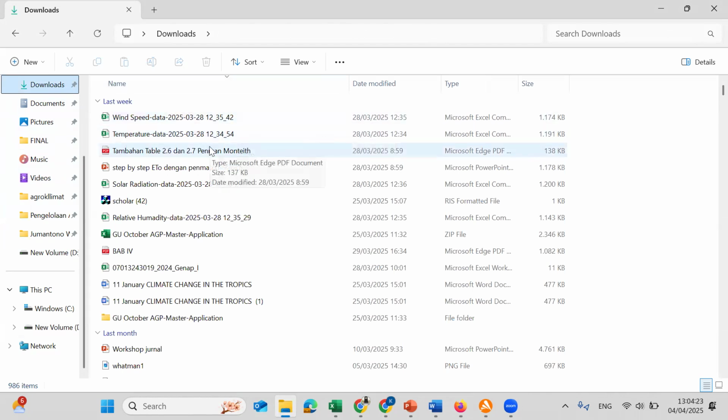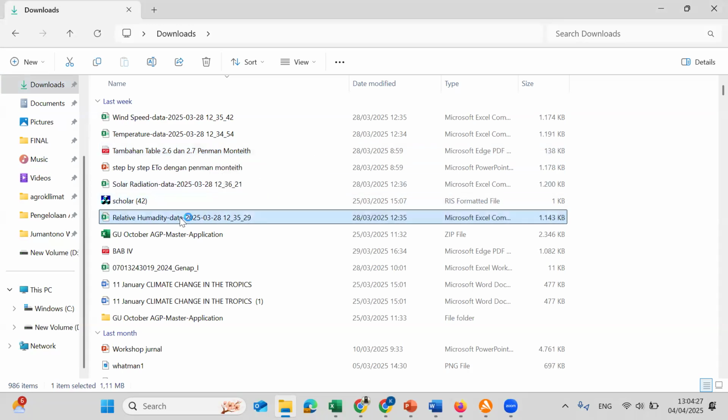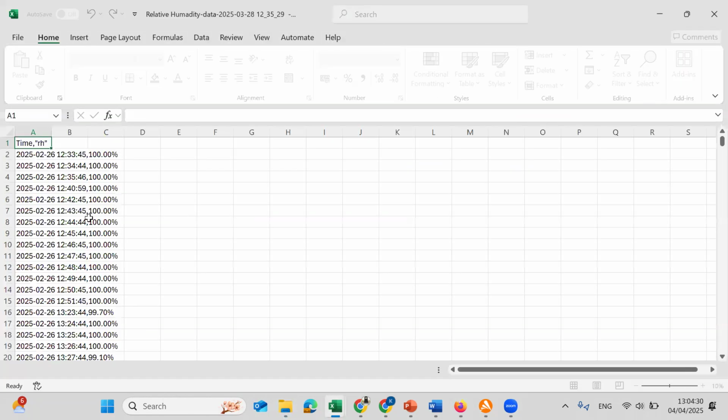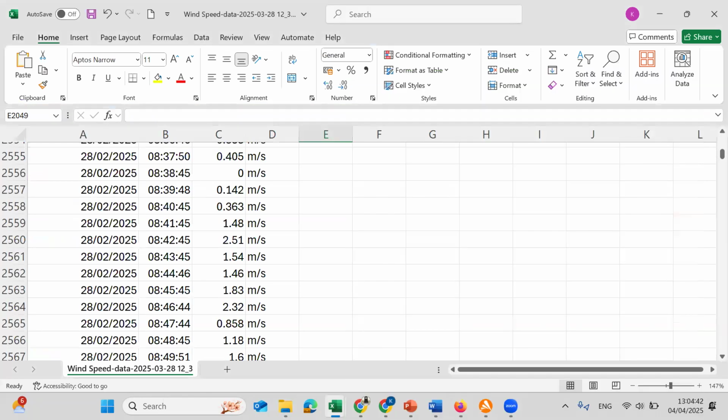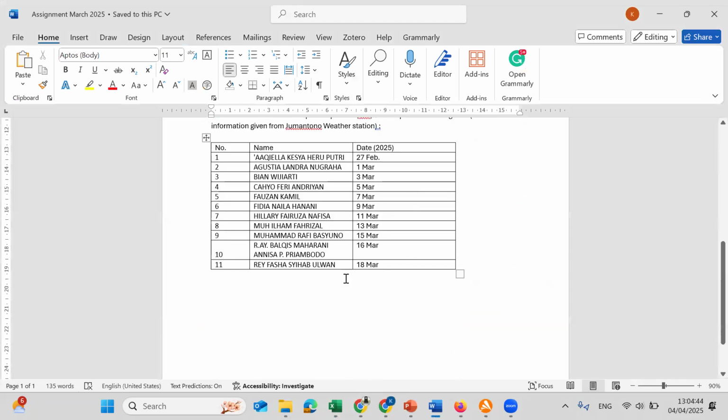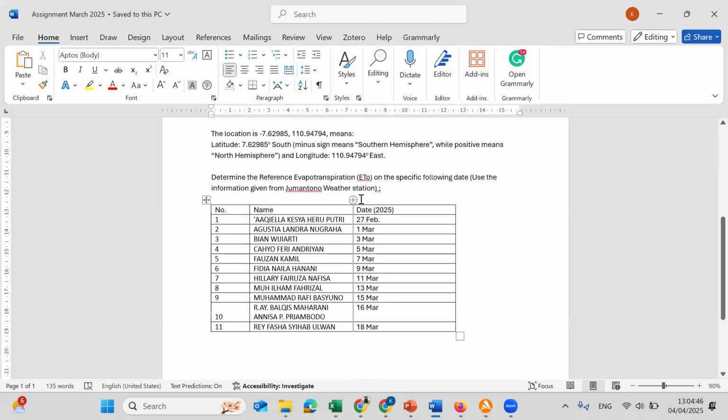I think the data was from 26th of February. Okay, so I already divided to each of you a specific date for determining the daily reference evapotranspiration.